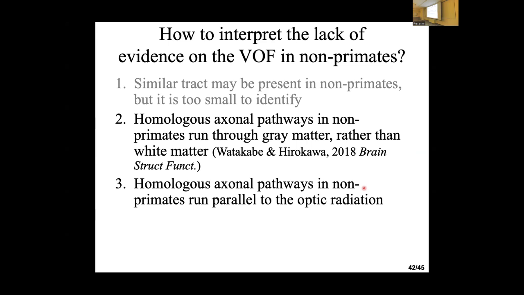Or maybe another possibility is this: a similar pathway exists and it comes out in the white matter, but it has a fundamentally different orientation from primates. Compared between primates and non-primates, we see some overall rotation of functionally homologous areas. In human, macaque and marmoset, the visual cortex is at the back of the brain, while in rodent, it's coming out to the top.